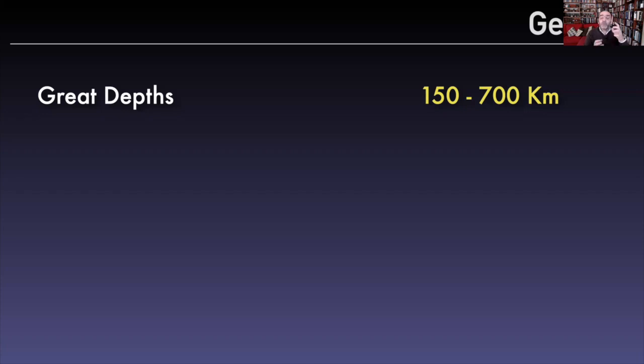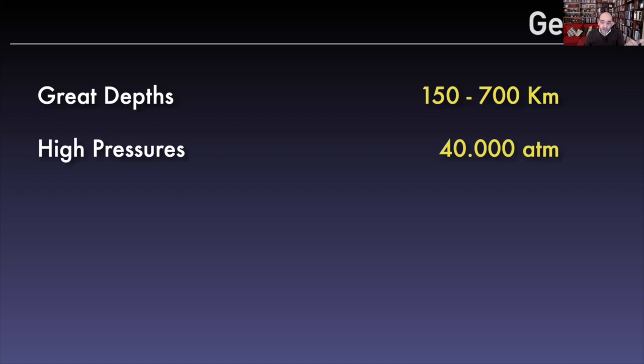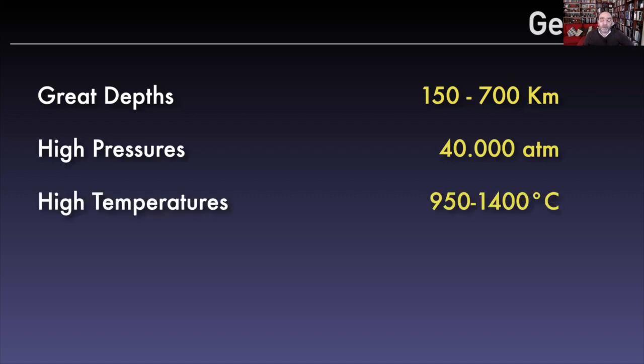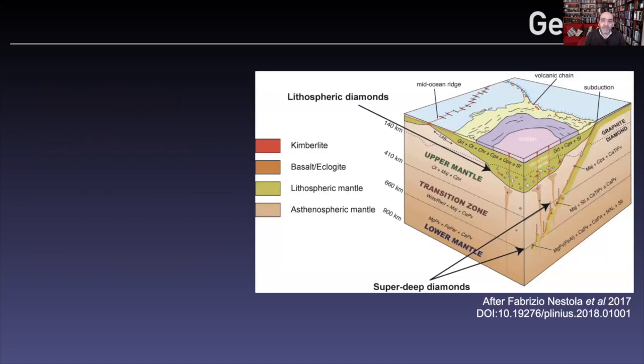So that's why diamonds can form. There is pressure equivalent to 14,000 times the atmospheric pressure, but also really high temperatures. And when you have these conditions under what geologists call the cratons, I'm not going to explain it, then you can have the conditions to form a diamond.